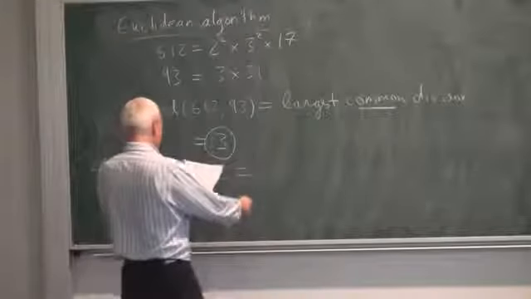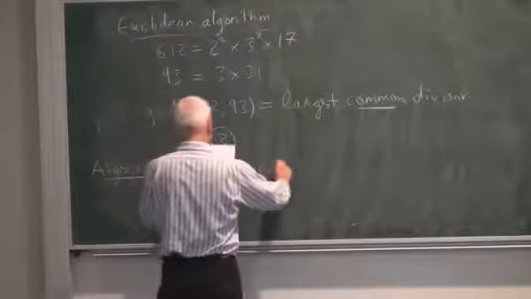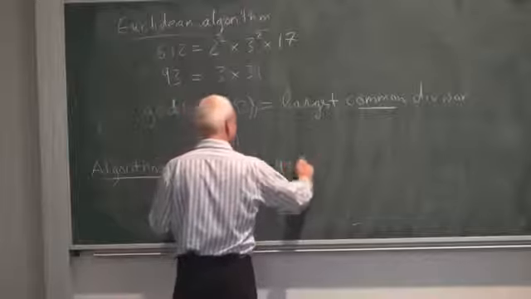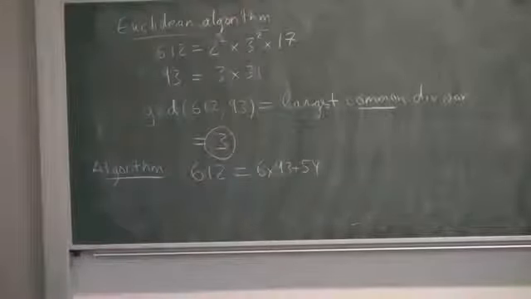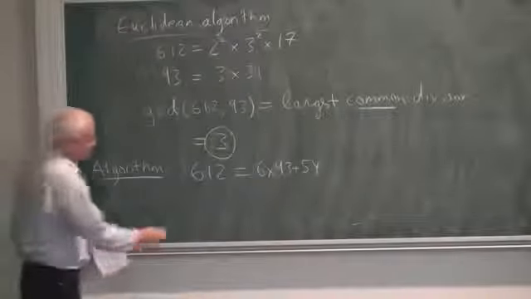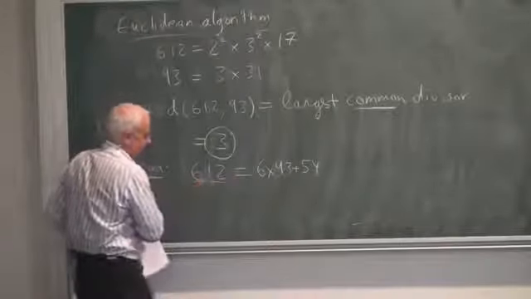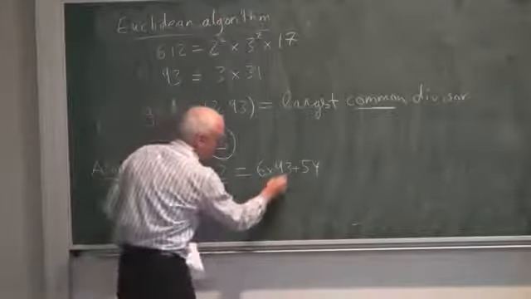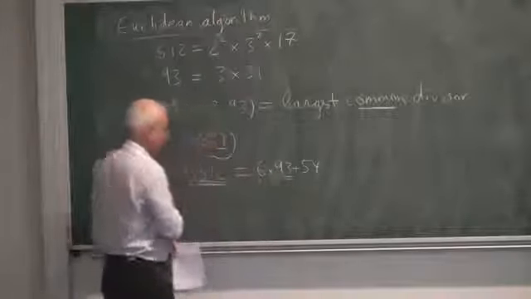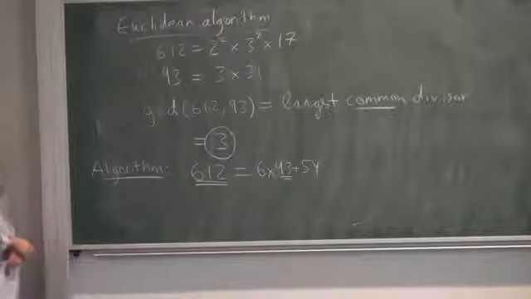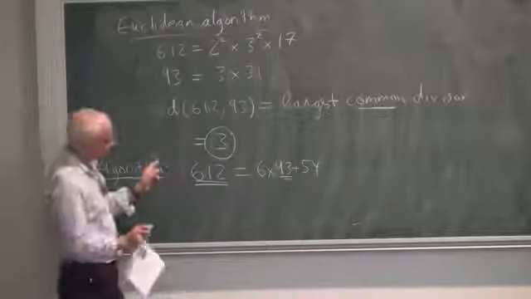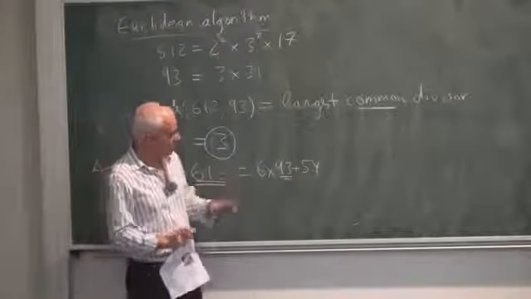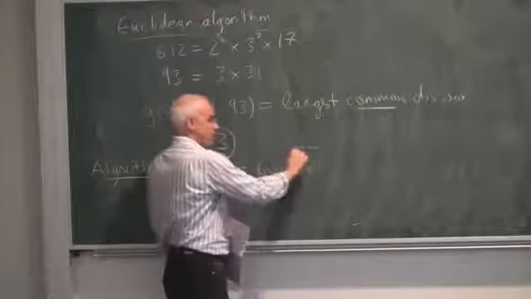So 612 is equal to 6 times 93 plus a remainder of 54. And now the key observation is we started with these two numbers. We want to know what their greatest common divisor is. The key observation is now that the greatest common divisor is going to be the same as the greatest common divisor between these two numbers.